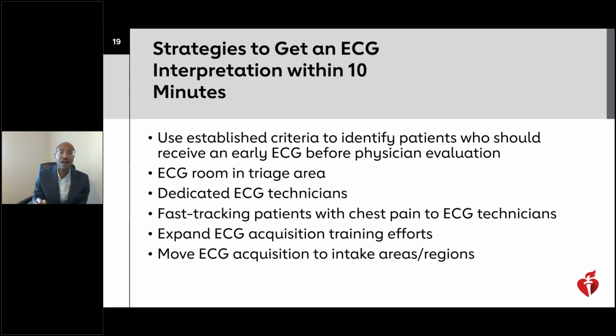Some of you may have really well elaborated systems already in place, some maybe with fewer protocols in place, and some ways and strategies to help promote obtaining ECG interpretation within 10 minutes would include potentially establishing criteria or symptoms that would trigger patients to receive an early ECG before clinician evaluation, designating ECG rooms and triage areas or ECG-specific technicians, designing a fast track for patients with chest pain, and ECG technician availability.